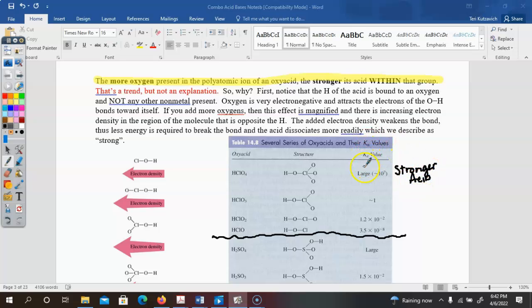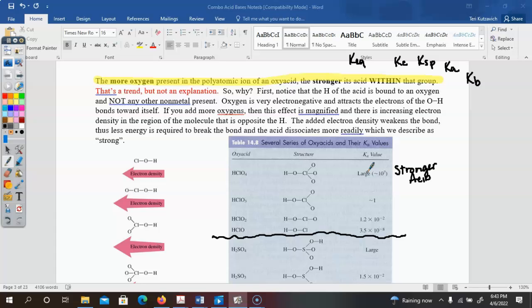What does this Ka value tell you? That tells you how much of it's dissociating. So if it has a large Ka, and Ka is just like our other ones. We had Kc, we've had Ksp, we have Ka, now we have Kb. And we even have Keq. A large K tells you that it's dissociating into its ions a lot.